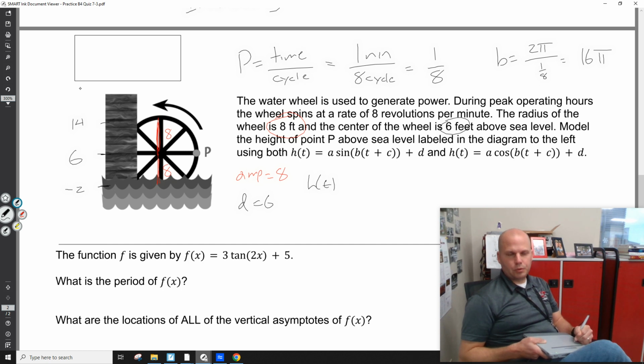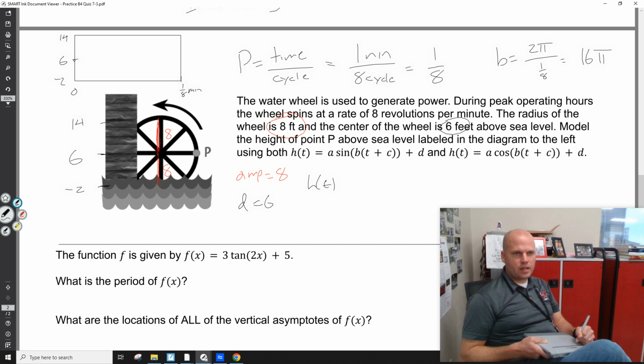We'll just assume, probably just in the way whoever wrote this problem up wrote it, they didn't talk about how point P starts immediately at the midline at time 0. Let's just go ahead and assume that. It goes up to 14, down to -2. It takes 1/8 of a minute to complete one cycle.